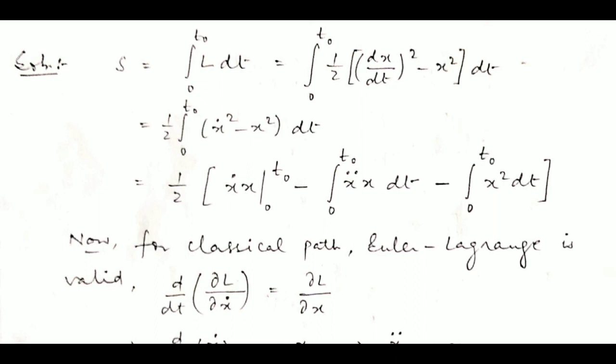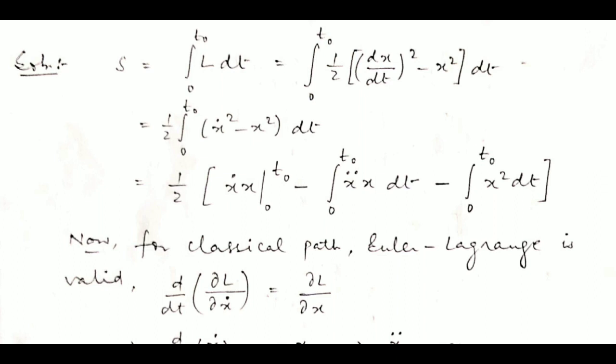And a classical path is given in classical mechanics by the Euler-Lagrange equation, which means that any path which qualifies to be called a classical path has to follow the Euler-Lagrange equation.